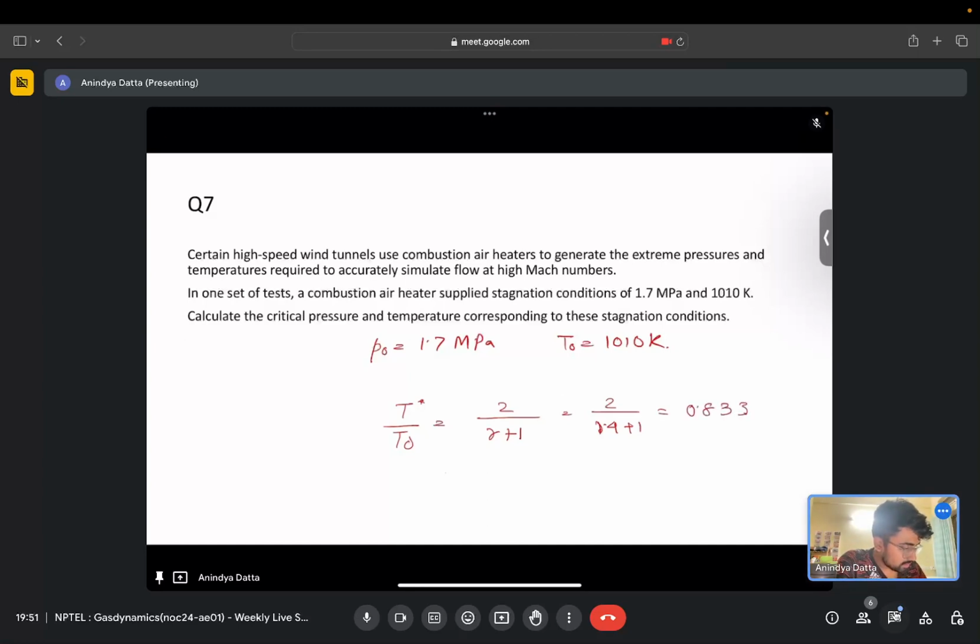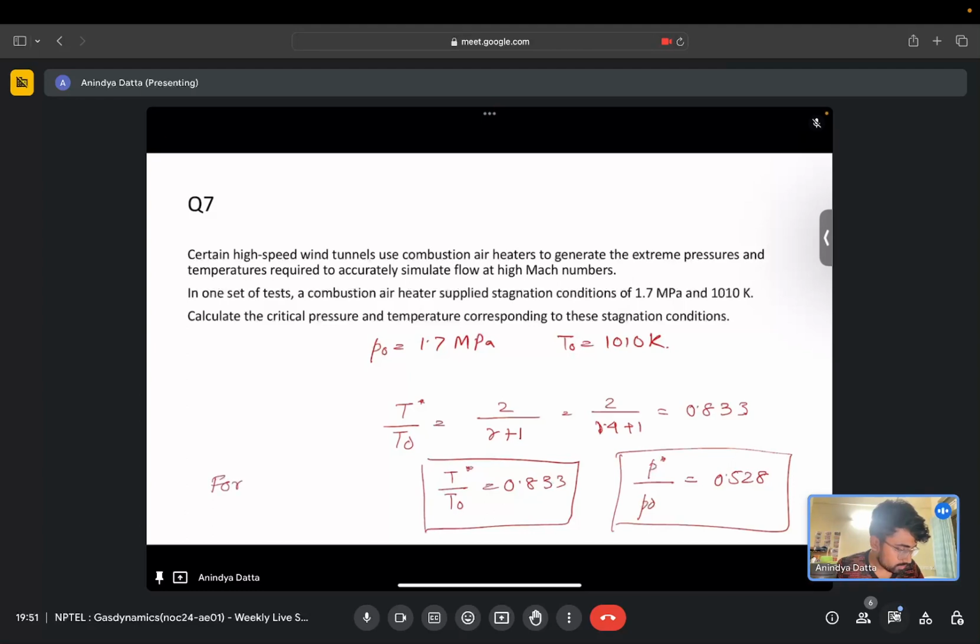One thing to remember is that this value is constant for air, where gamma equals 1.4.